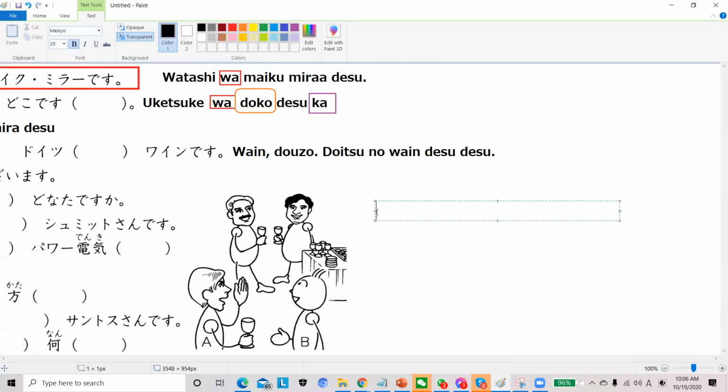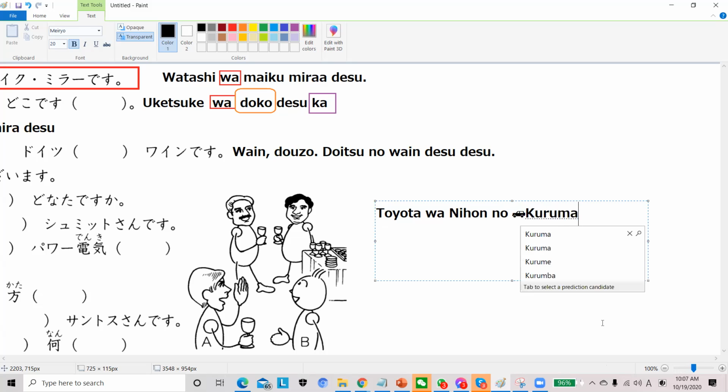Let's say this one. We have Toyota. You want to say Toyota is a Japanese car. How are you going to say that? Toyota wa Nihon no kuruma desu. はい、車です。はい、よくできました。So we use no for that country.